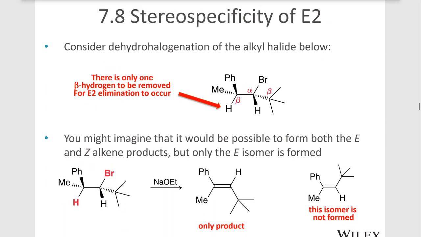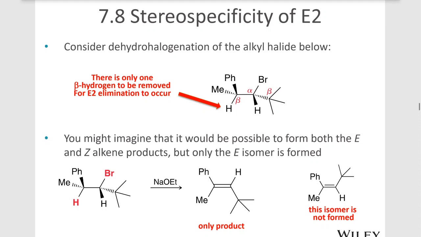Now we're going to see in just a few minutes that we can even have a situation where we can have stereospecific reactions, where we can only form one product, and we're going to see why that is in just a few minutes. But remember that we have to have a beta hydrogen in order for this reaction to occur.